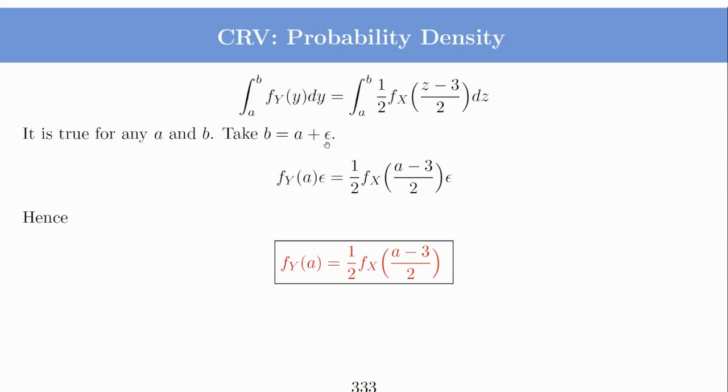So this epsilon cancels out, and what we get is that for any value a, f_Y(a) is equal to half f_X((a minus 3)/2). So if I know the density of x, I want the density of y: to calculate the PDF of y, I will just take the density of x, compute its value at (a minus 3)/2 and multiply by half. So there is a relation between the two densities which we can calculate.